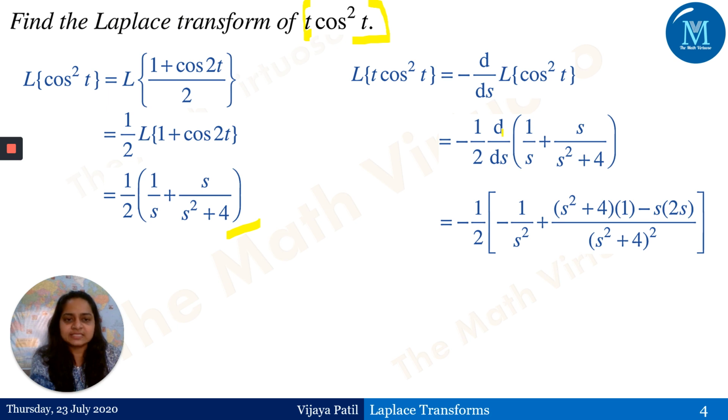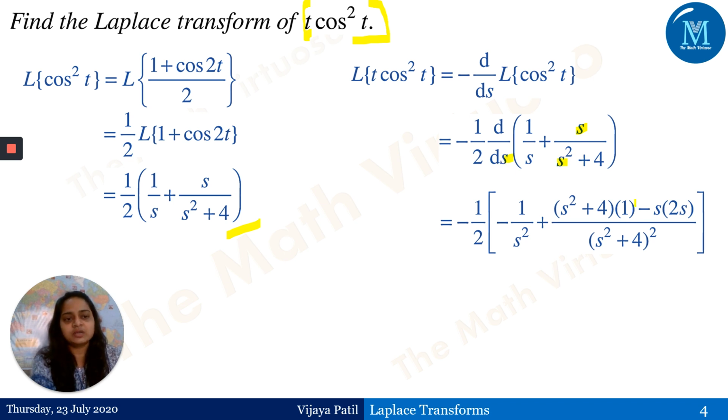Now d upon ds, the differentiation of 1 upon s, is minus 1 upon s square. It's very simple, and at this stage you have to have the understanding, and the formula will automatically come out of this differentiation formula. Now the second term is s upon s square plus 4, because the numerator contains s and the denominator also contains s, and we want the differentiation with respect to s.